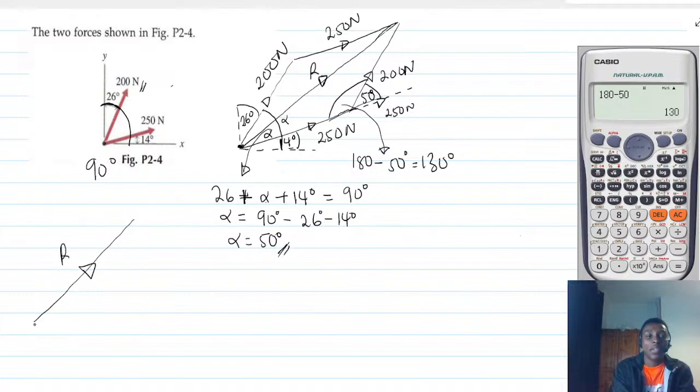Then I have a force here, which is 250 newtons, and also a force here, which is 200 newtons. And we just said that the angle here is 130 degrees.